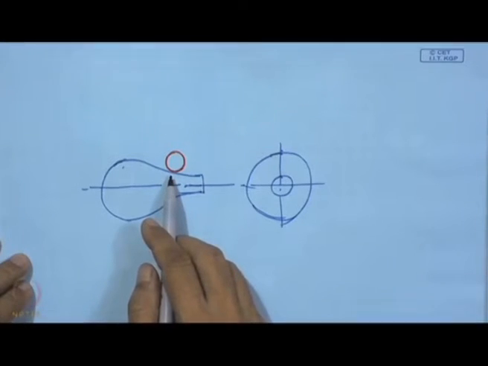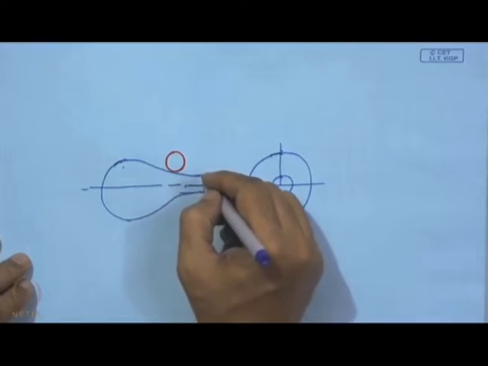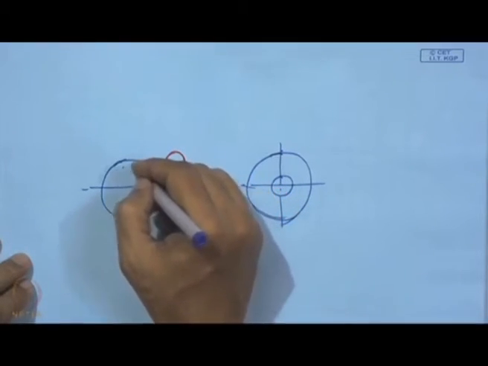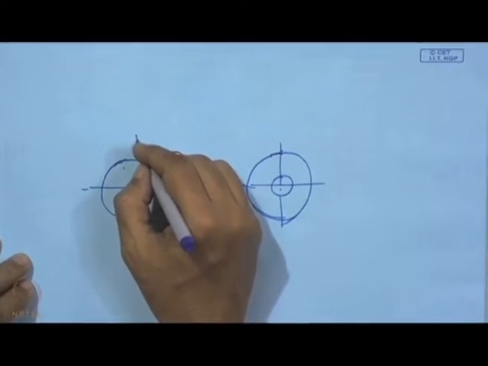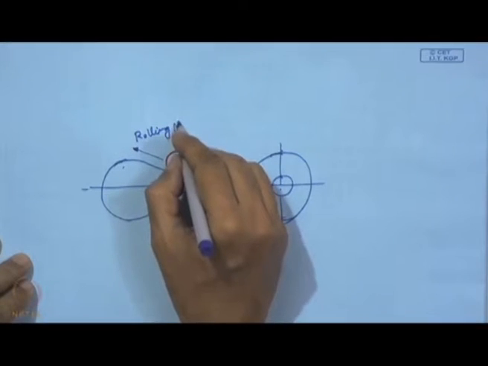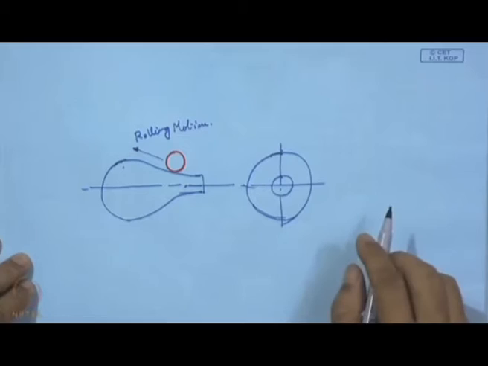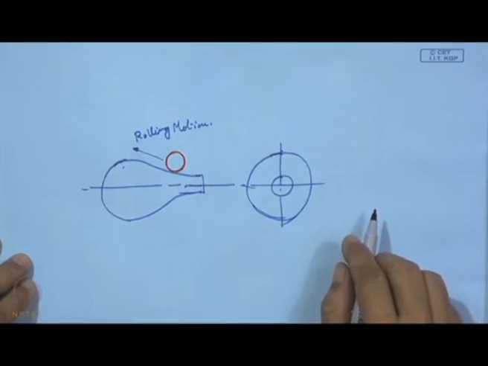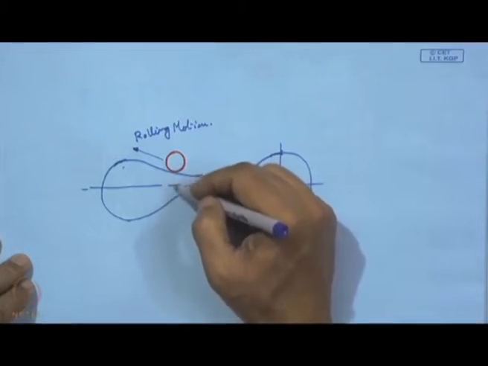So, what will it have? It will have a rolling motion, that means a rolling motion following this contour for this ball, and at the same time it must also have another rolling motion over this periphery.